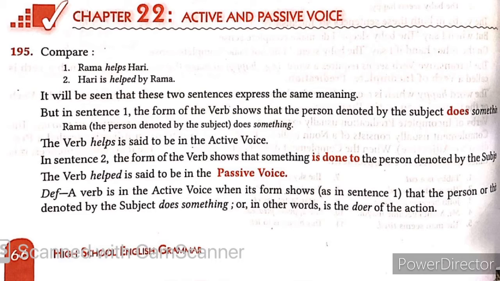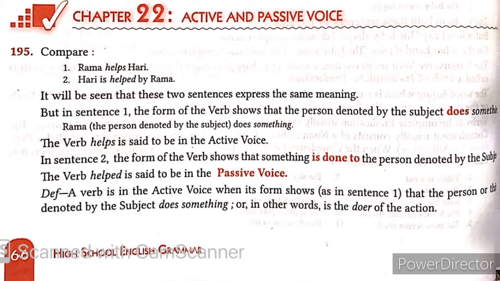The subject is receiving help from the other person. Hari is being helped by Ram. So it's showing that something is done to a person. The subject is not doing something, it's being done. It's receiving something. So over here the verb helped is in passive voice.